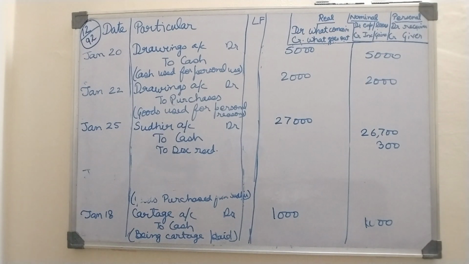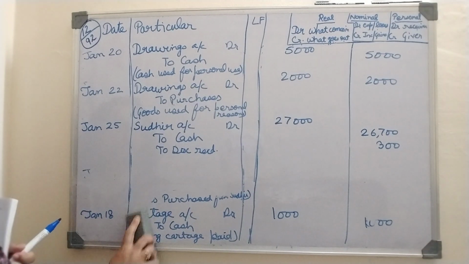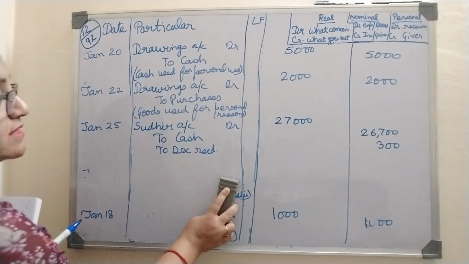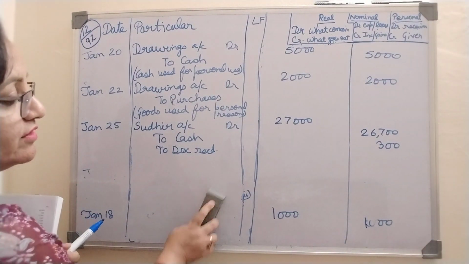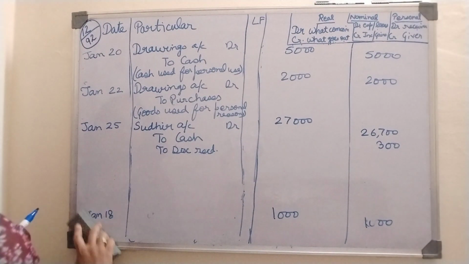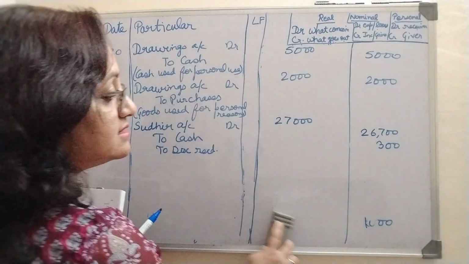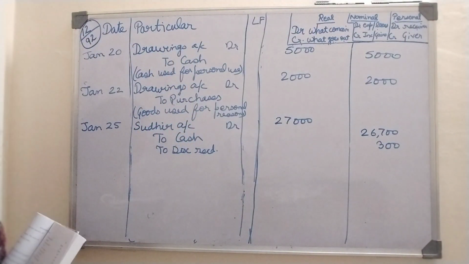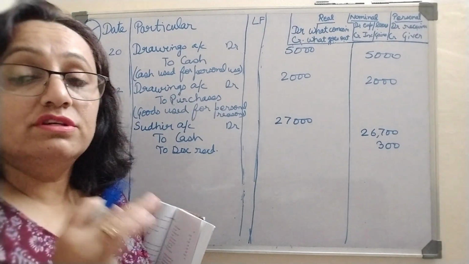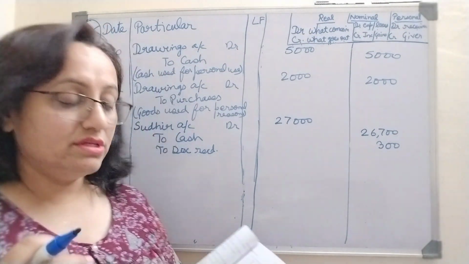This is how we have to check also. Whenever the name of any person is written, please refer to the question and check whether that name has any reference in the previous transactions or not. If the reference is there, we have to check if discount is allowed or discount is received.